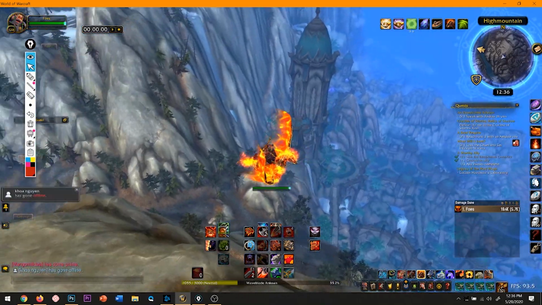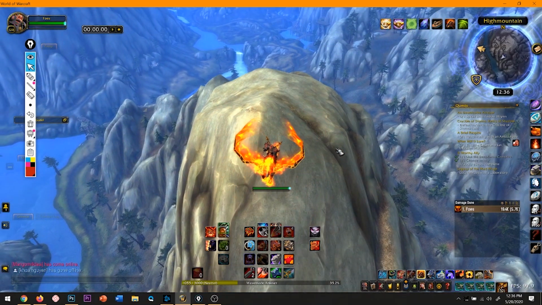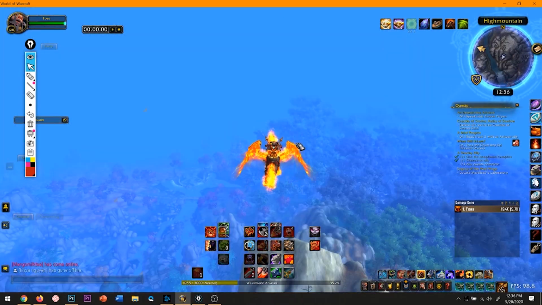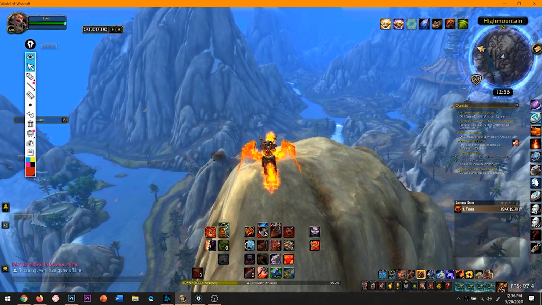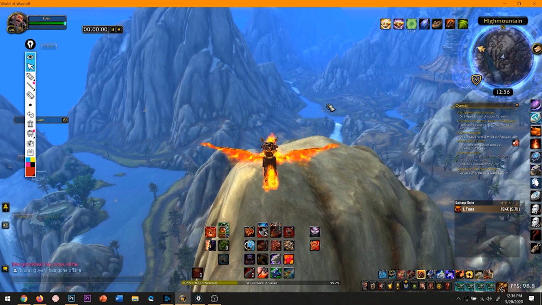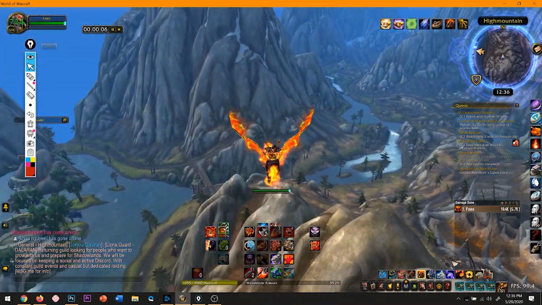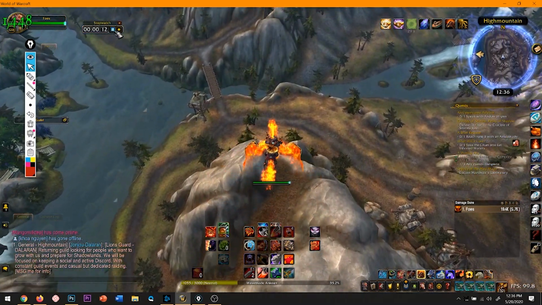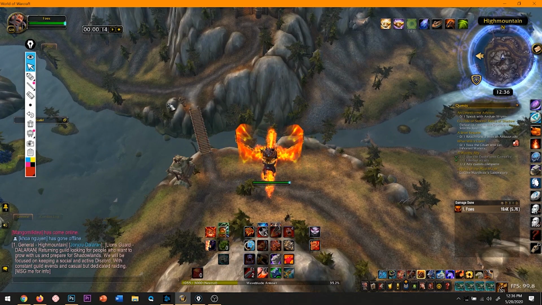Alright, so this looks like the start of the map. So what we're going to do, we're going to fly the length of the mountain, and we're going to time it. Let's get over here. Okay, ready, go. Okay, we need to get to the edge. Boom. Okay, so that took us 14 seconds.